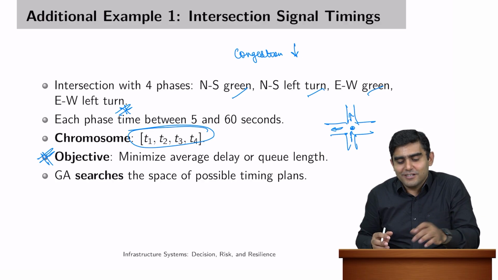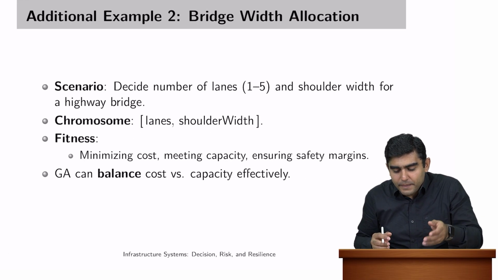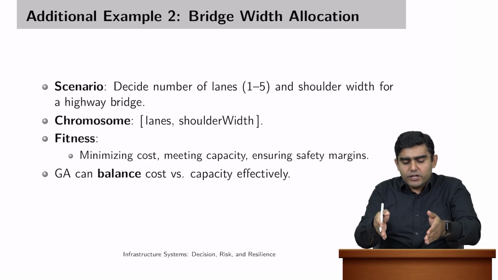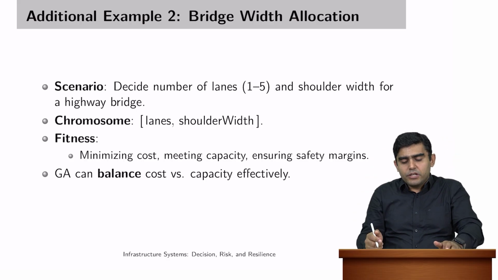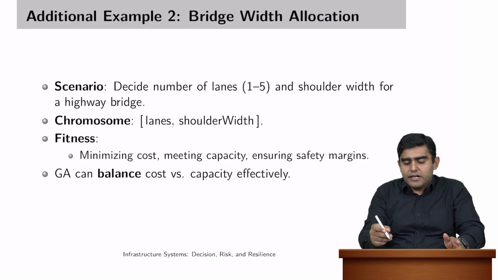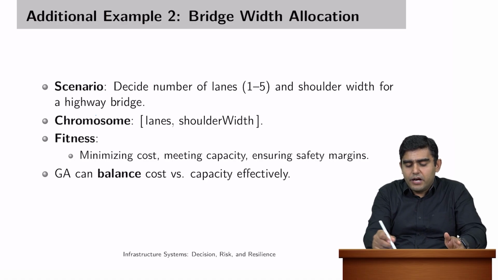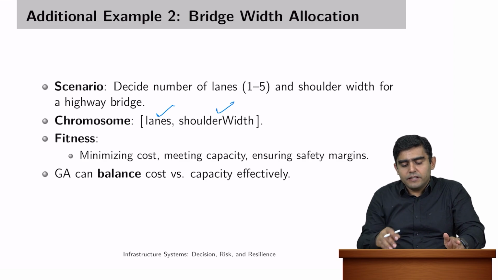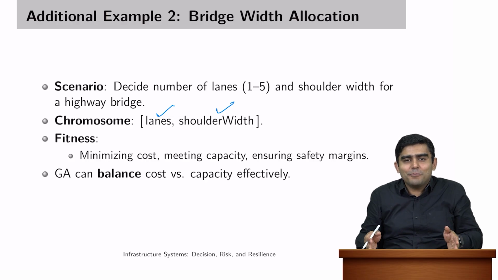So a very simple method can indeed be very, very powerful to solve the problems that haunt us almost every day. Again, there can be n number of creative visualizations. Another example I put here is that we can also decide how many lanes we should have in a highway bridge, and here the chromosome can be lanes and shoulder width. You can now see that lanes and shoulder width are competing objectives. If you have more lanes, shoulder width would be lesser.